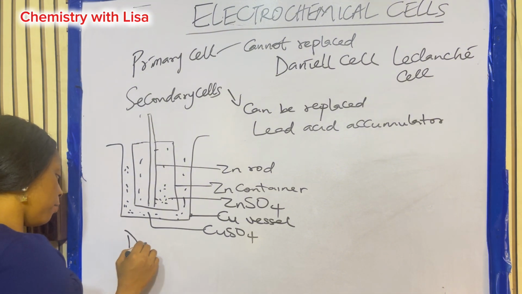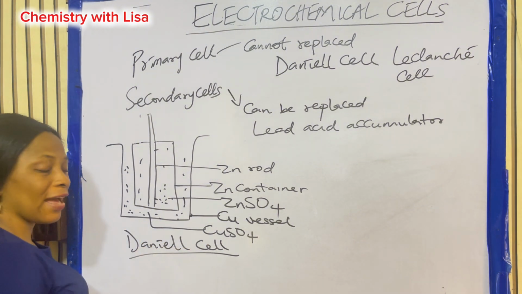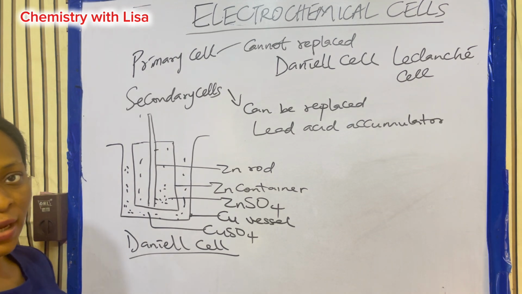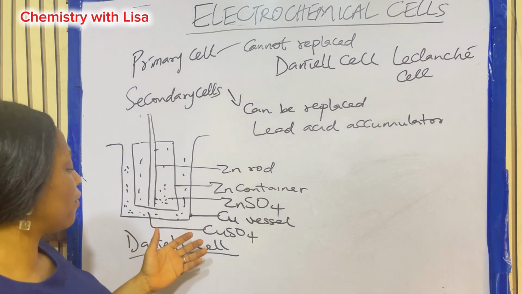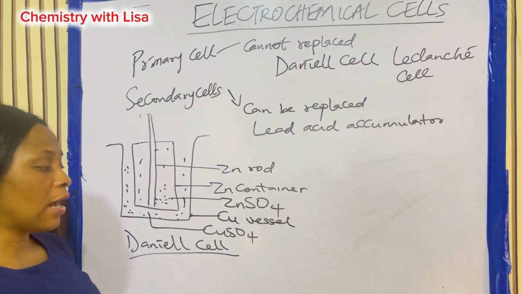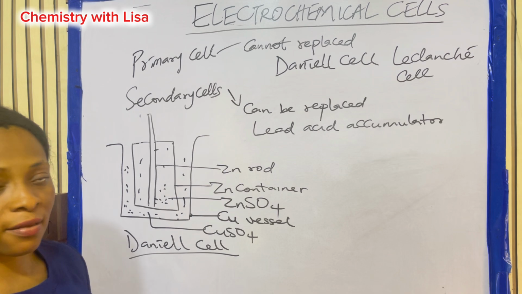So this is an example of a Daniell cell. Remember, it cannot be replaced when it is finished. So your examiner can ask you, what are the electrolytes found in a Daniell cell? They are zinc tetraoxosulphate(VI) and copper(II) tetraoxosulphate(VI).